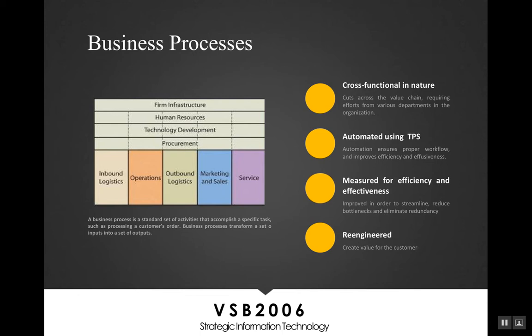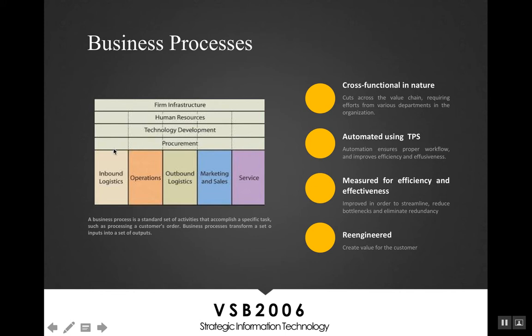All right. So some of the characteristics we talk about with these business processes are, number one, they are cross-functional in nature. All right. So the idea is that they cut across the value chain. Different departments are all linked together, coordinating activities across different areas.